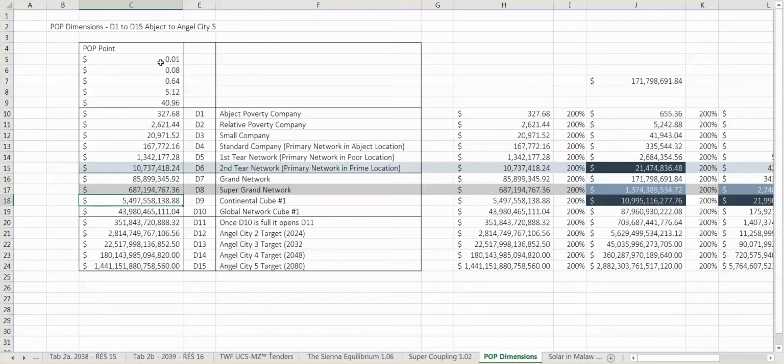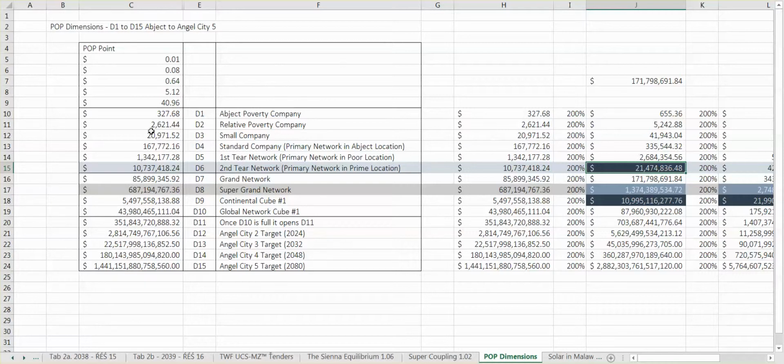So we're now in D6, 10.7 million, and we just double that for 21. Doubling it still fits inside the cube. It's all supposed to fit inside a nice cube, so it's all even, and any profit made above this point starts making a new cube.